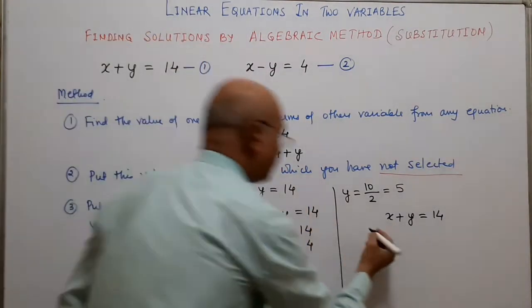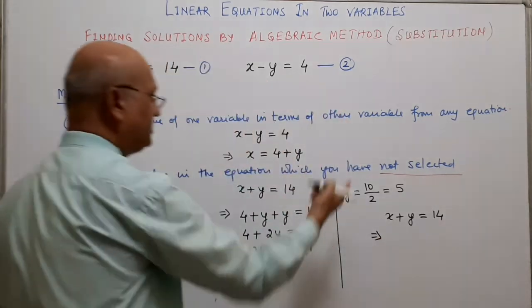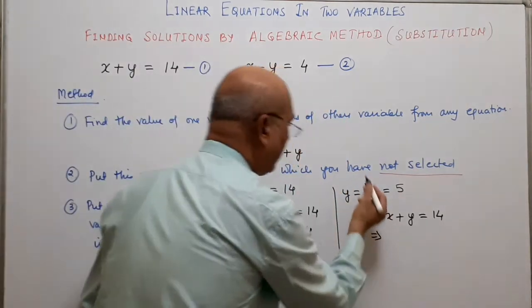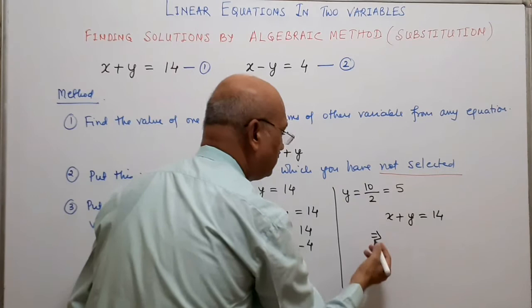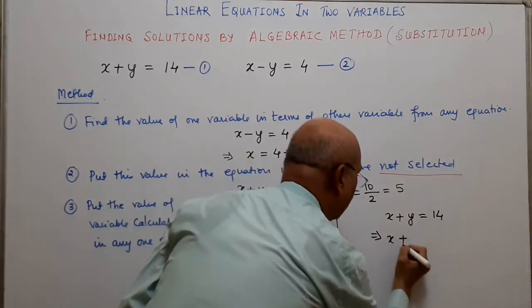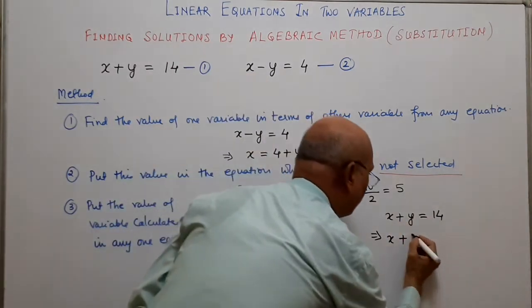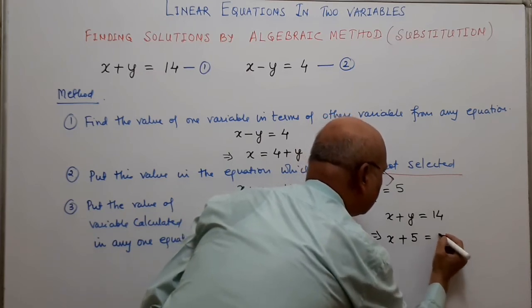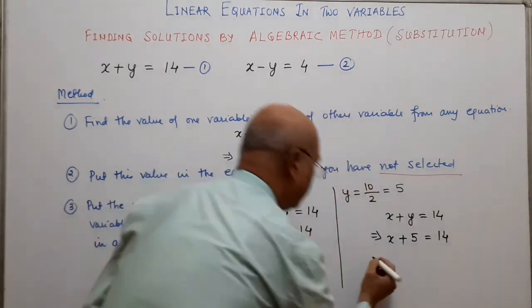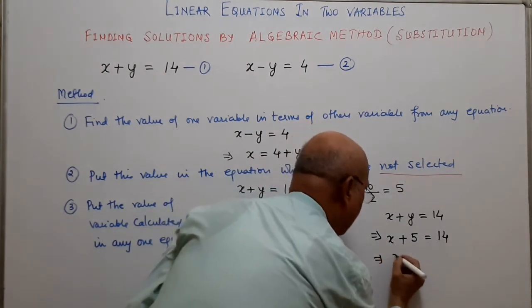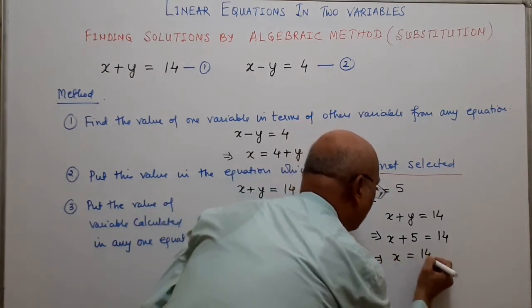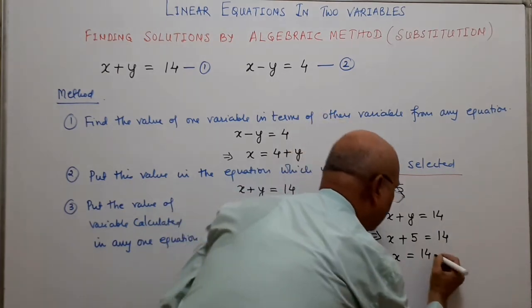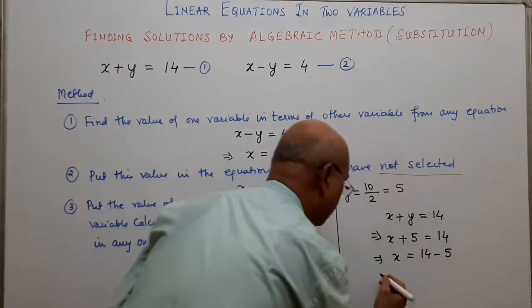So see, I got the value of y as 5. Now I am going to put the value of y as 5 in this equation. x plus, in place of y I put 5, equals 14. Now x is equal to 14 plus 5 going to that side, which becomes minus 5.